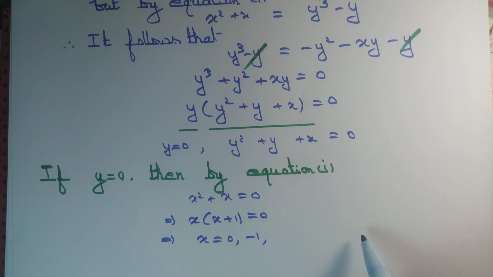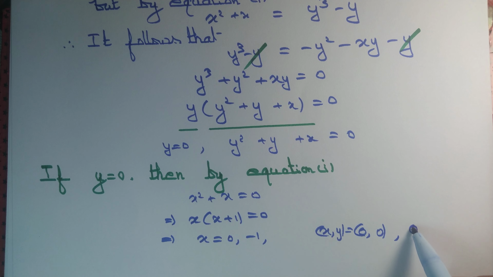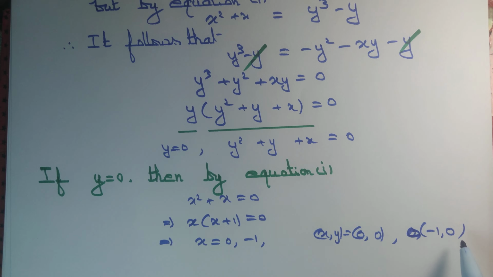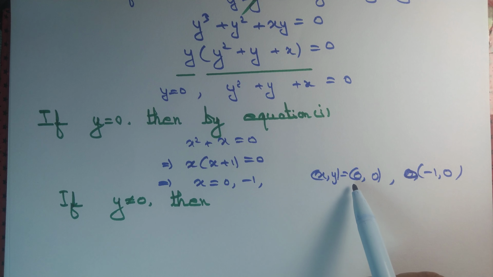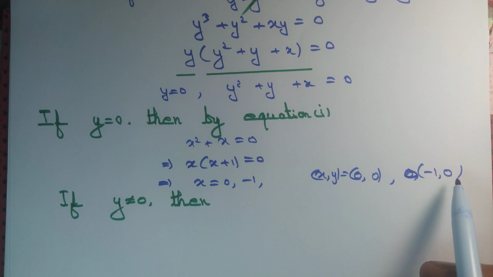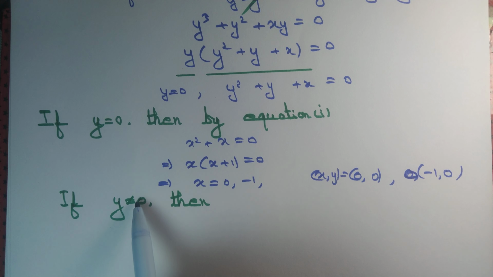So the solutions are x comma y equal to 0 comma 0 and minus 1 comma 0. So if y were equal to 0, then x comma y turns out to be 0 comma 0 and minus 1 comma 0. What if y were not equal to 0?